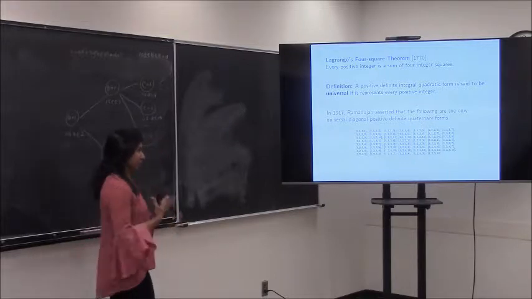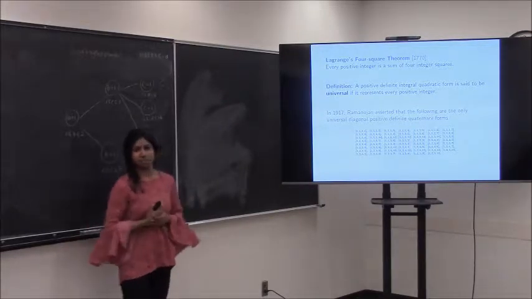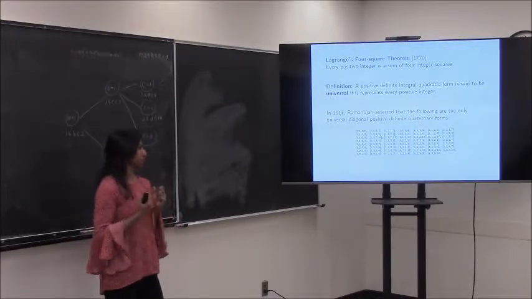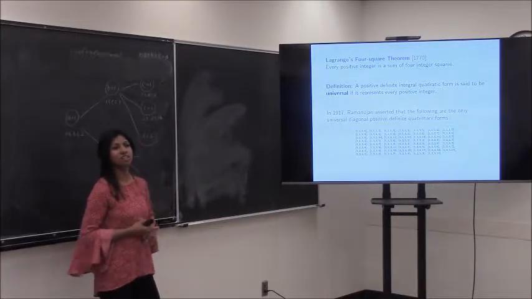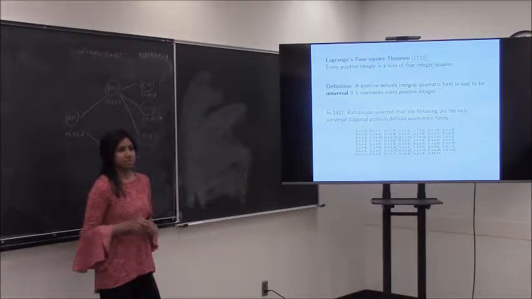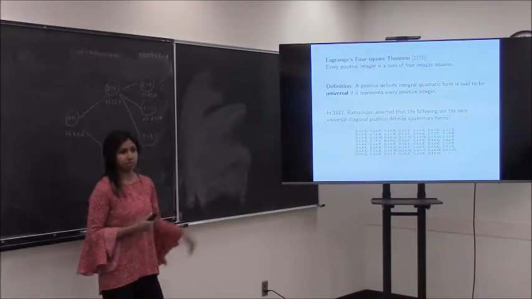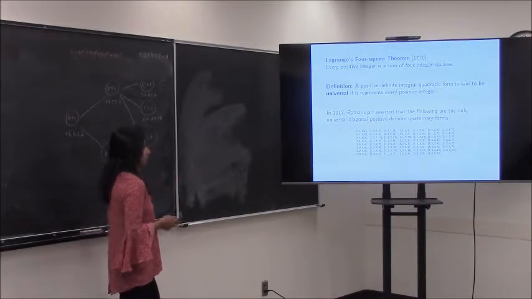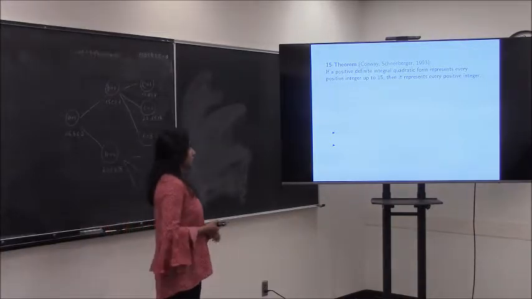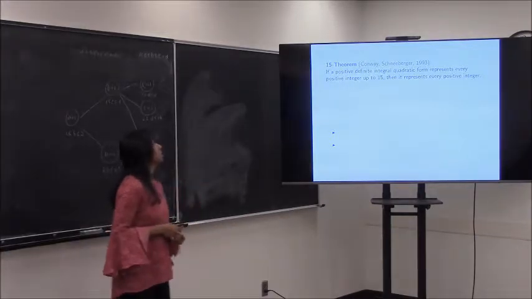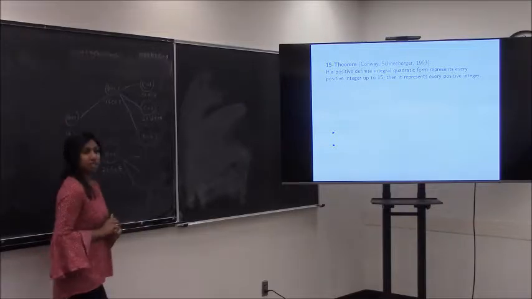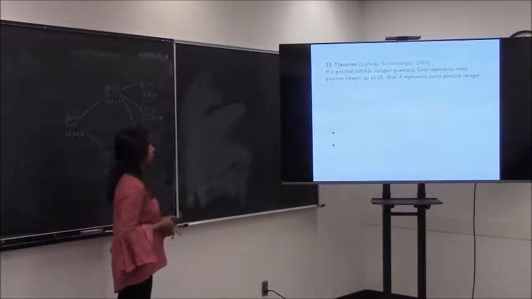But if we think about this, we have an interesting, important, fascinating tool called the 15 theorem. In this case, we can make such a problem a finite problem. This is called the 15 theorem, presented by Conway and Schneeberger in 1993.